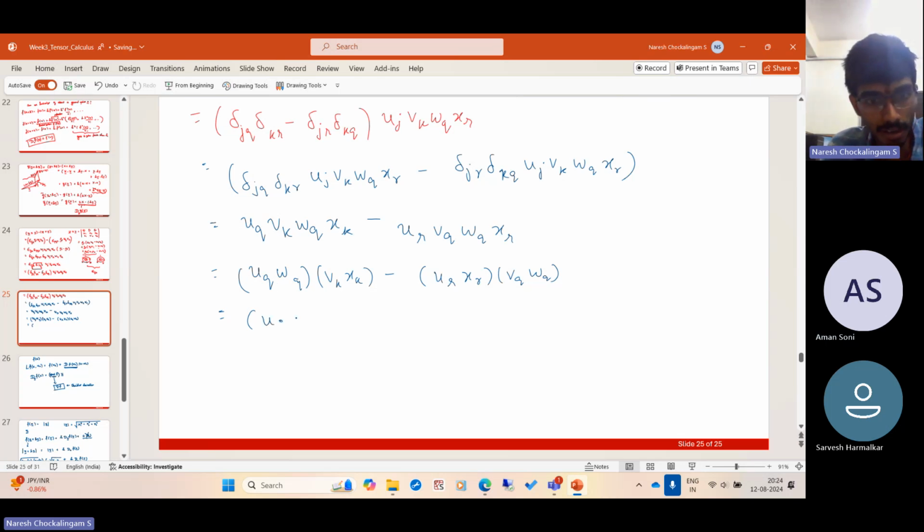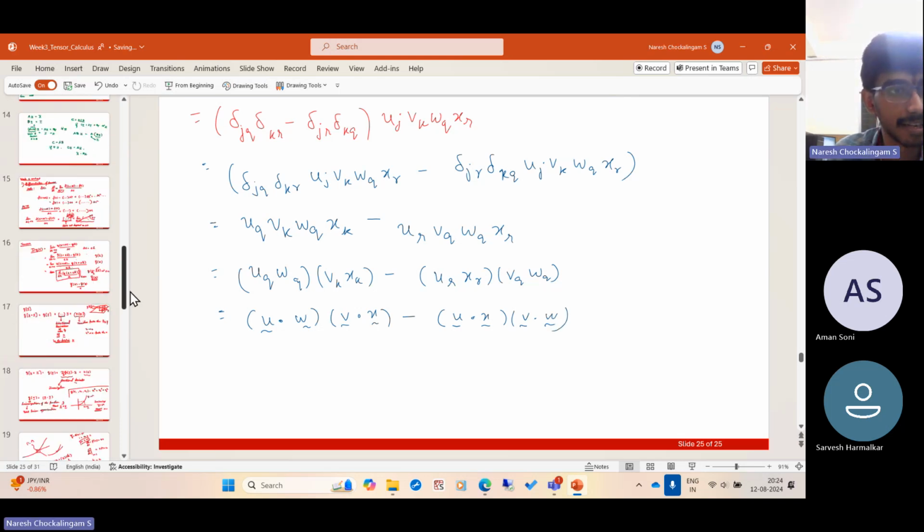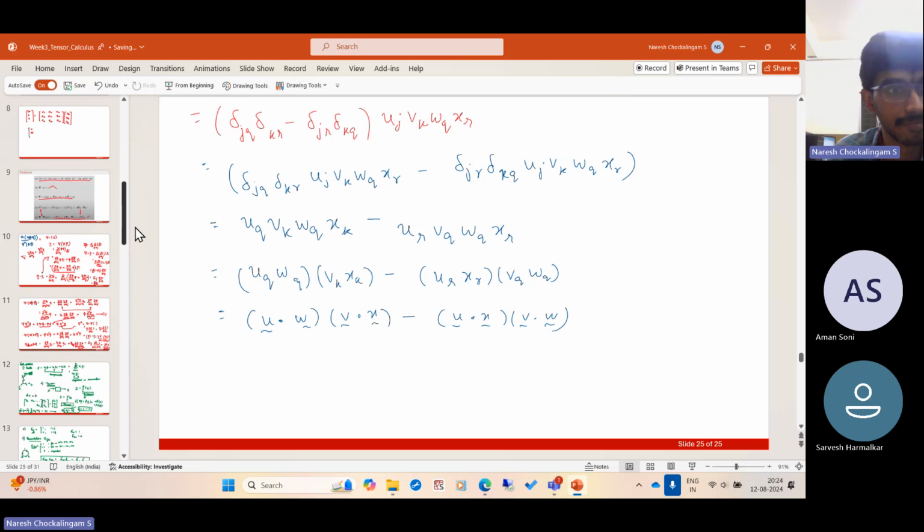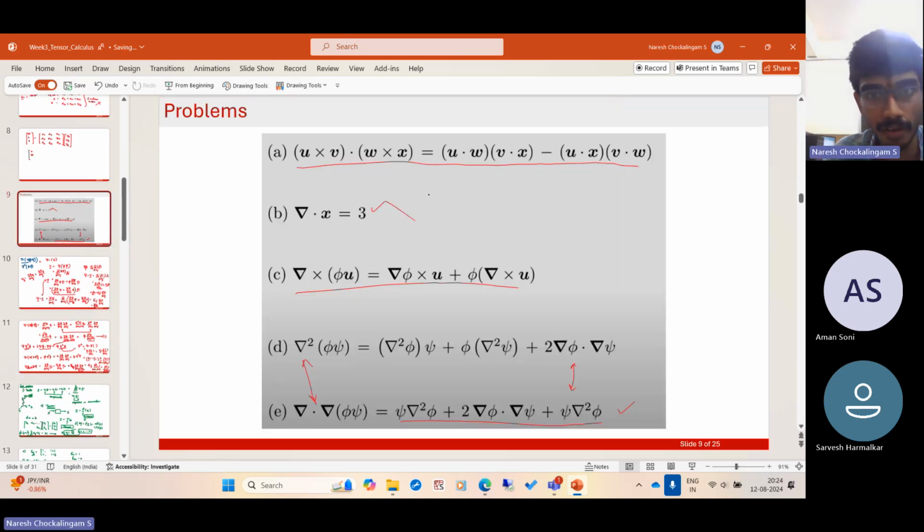So it is u dot w, v dot x minus u dot x, v dot w. So you can check what we get here. It should be this simple: u dot w, v dot x minus u dot x, v dot w. So that is done.